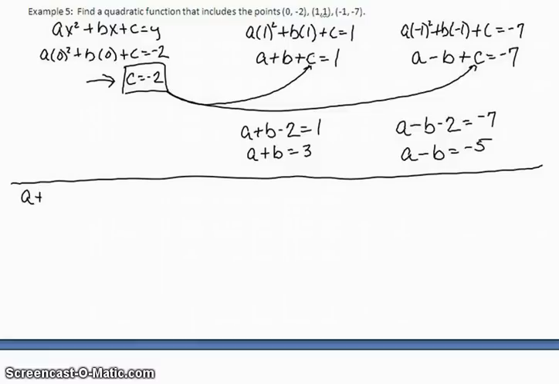a plus b equals 3, and a minus b equals negative 5. Add them up, 2a equals negative 2, a equals negative 1. My b's eliminated really very easily.